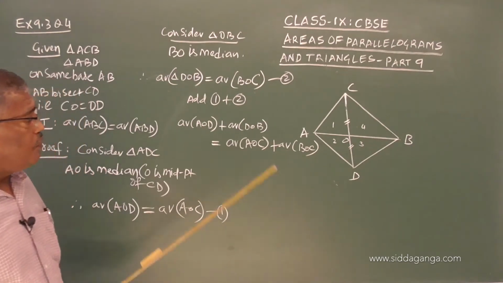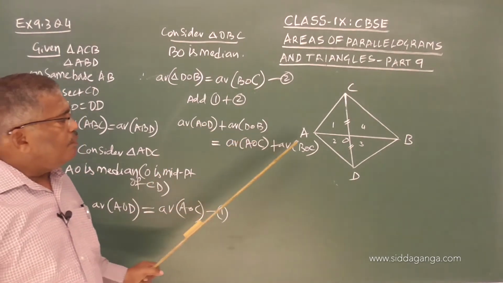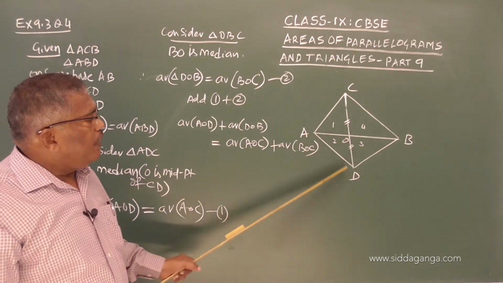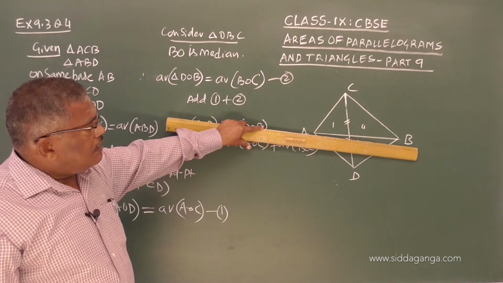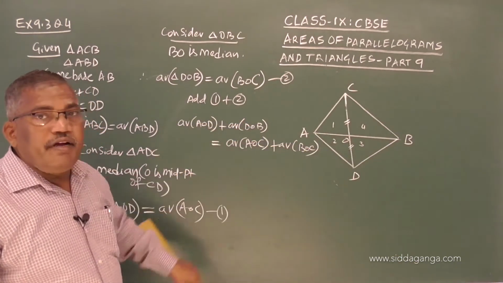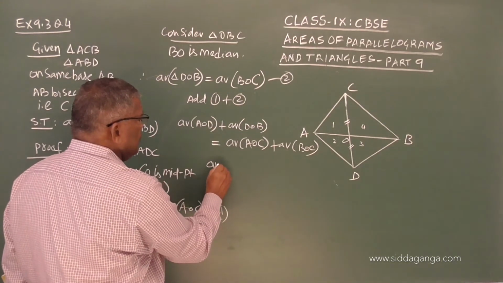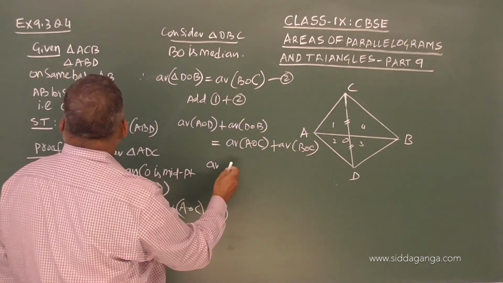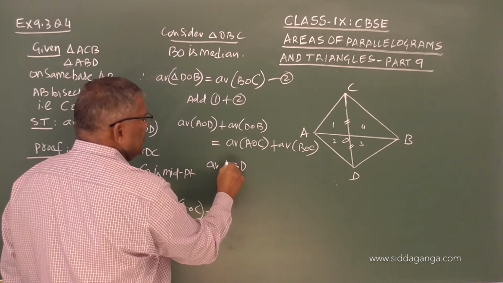Now again you observe the figure: AOD plus DOB, that means this lower triangle ABD. So the sum of these two is area ABD.